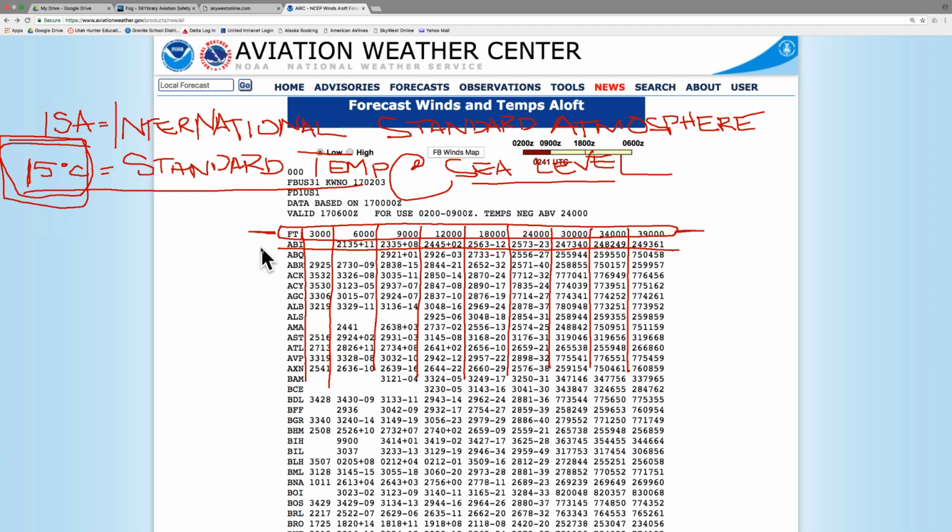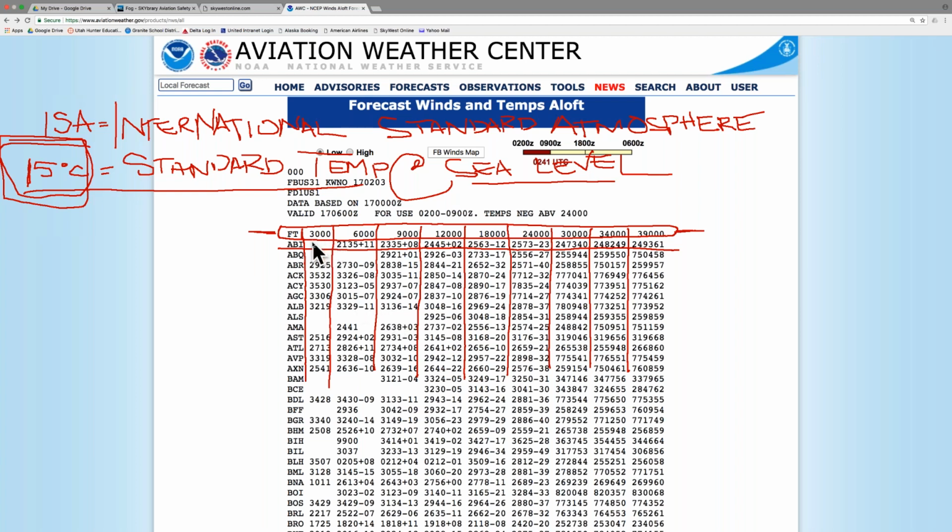Is it just calm at that level? It's because the airport is above 3,000 feet. Yeah, perfect.